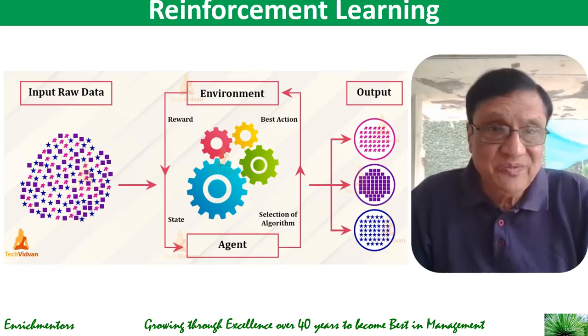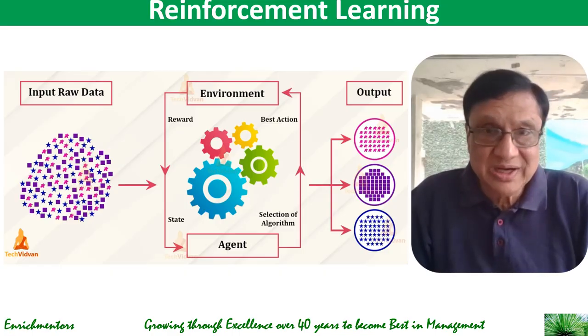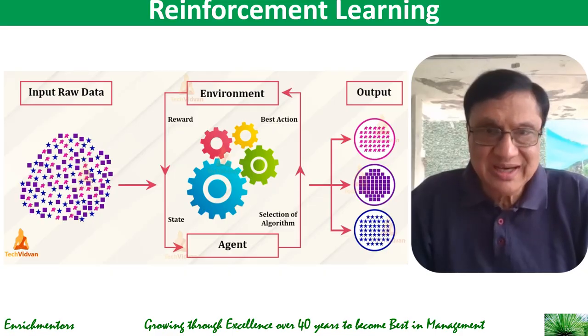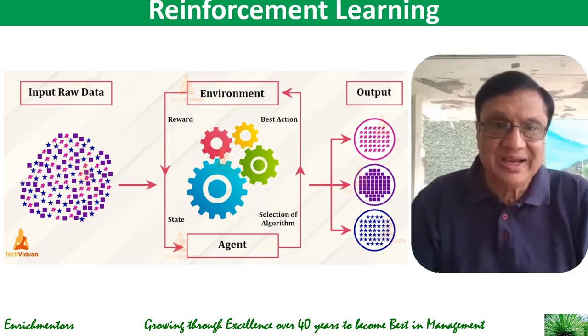The agent receives feedback in the form of rewards or penalties based on its action, allowing it to learn optimal behavior through trial and error. Now, what are the examples of reinforcement learning tasks? Game playing, learning to play games such as chess or Go by maximizing score or winning probability. Robotics, training robots to perform tasks like navigation, manipulation, or control in simulated or real-life environments.